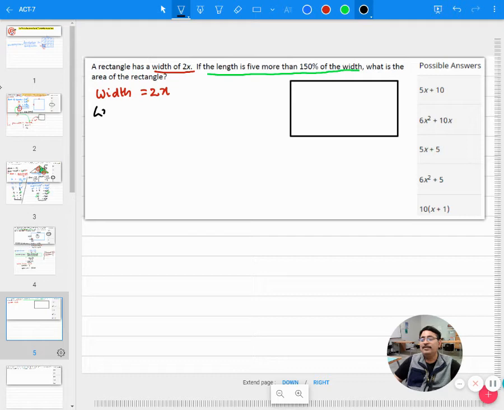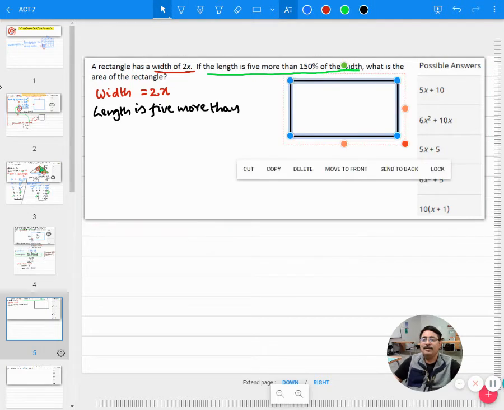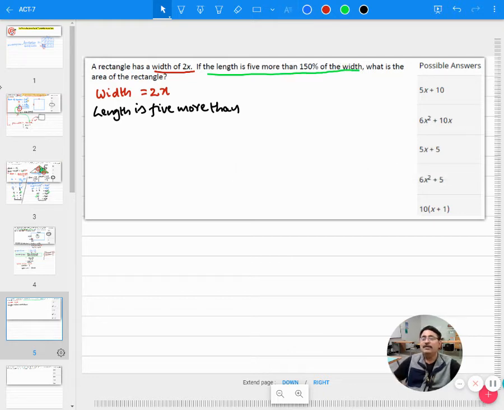So let me write that length is 5 more than 150% of the width. Let me write the whole statement.